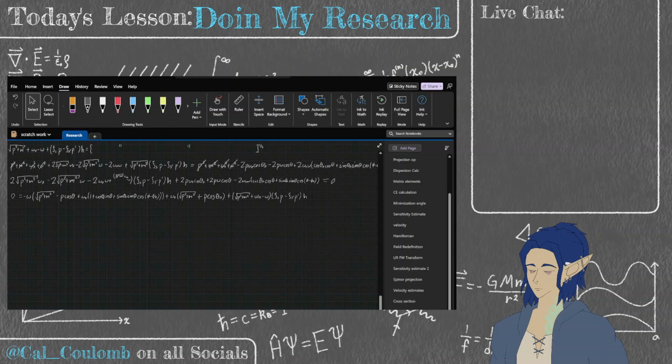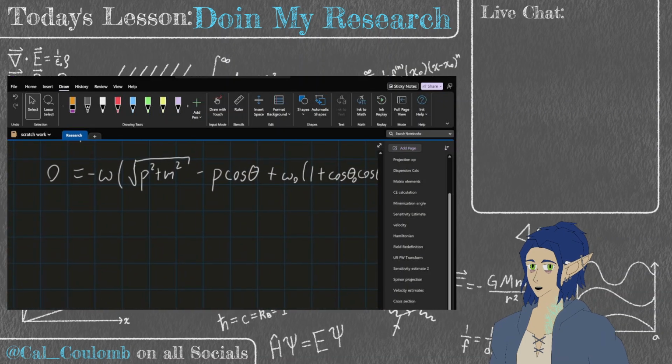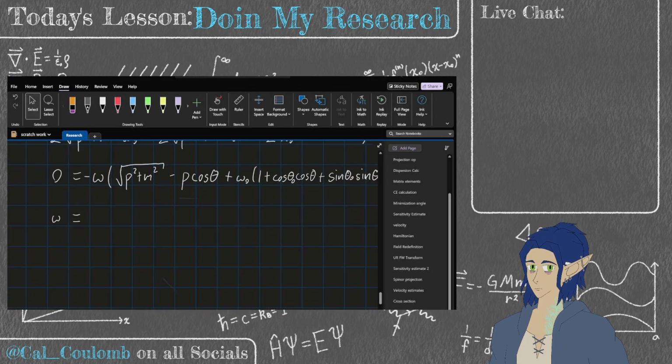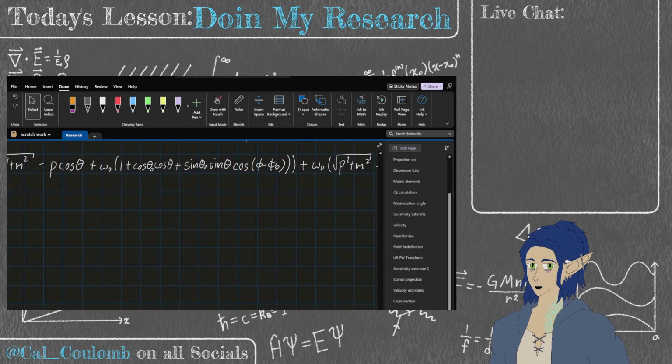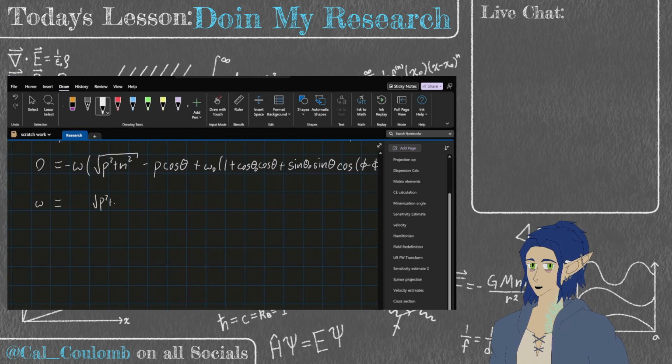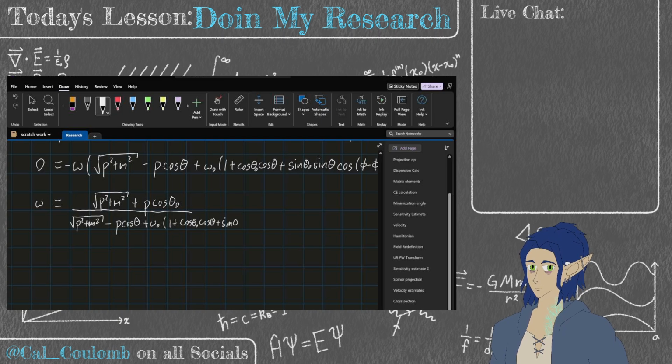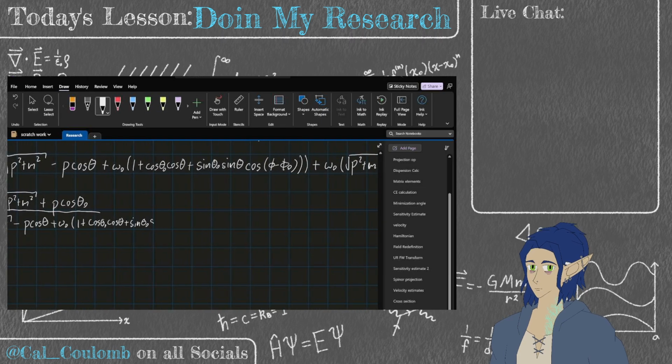And so what we can see is that omega is going to be equal to, on top we have this expression, so square root of p squared plus m squared plus p cosine theta naught, divided by square root of p squared plus m squared minus p cosine theta plus omega naught times 1 plus cosine theta naught cosine theta plus sine theta naught sine theta cosine phi minus phi naught.